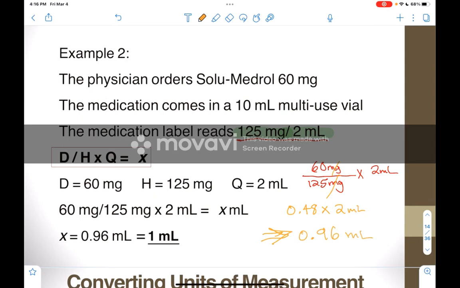All right, so it would be pretty hard to measure that out unless we had a tuberculin syringe, right? Something really small. So we'll round it up to 1 milliliter. That's how much we're going to draw out of this 10 milliliter multi-use vial so that we can administer 60 milligrams of Solu-Medrol.